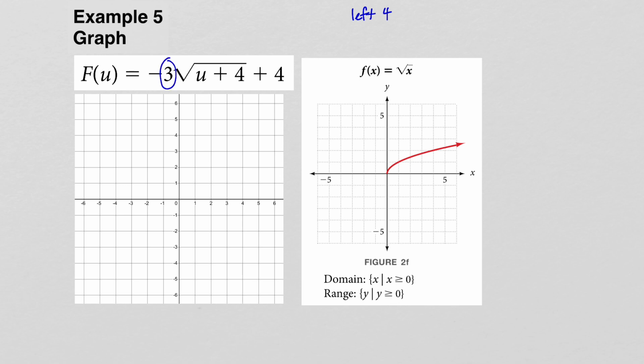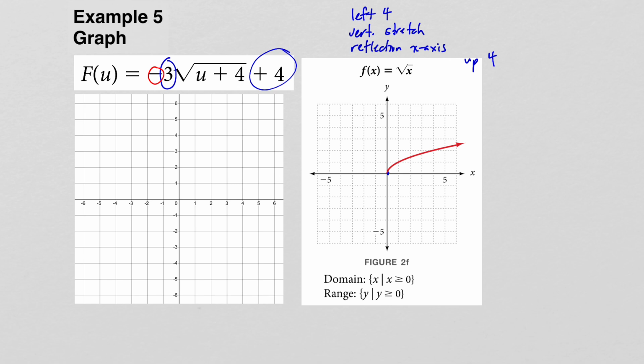And then the 3 is going to be a vertical stretch by a factor of 3. The negative is going to be a reflection over the x-axis. And then the last thing that happens is the plus 4 on the end.